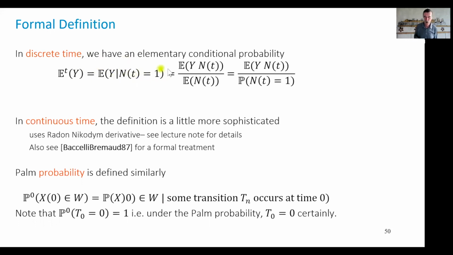So if I apply the simple formulas of probability 101, the expectation of y given n of t equal 1 is given by the expectation of the product divided by the expectation of n of t. Remember, n of t is a binary variable, so this is just the probability that n of t equal 1. So this is exactly this simple formula. In discrete time, Pam calculus is simply an exercise on conditional probabilities.